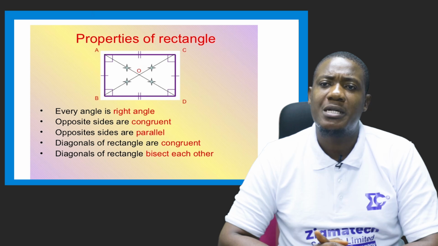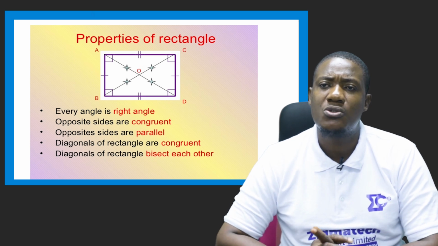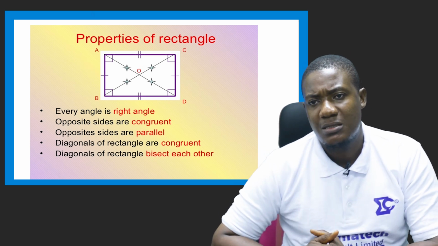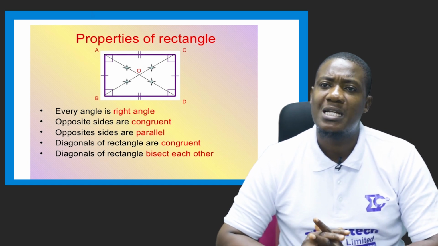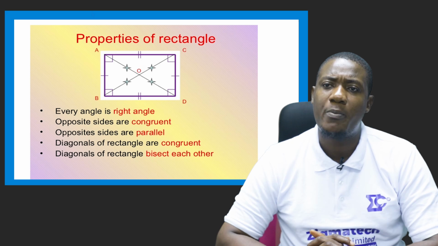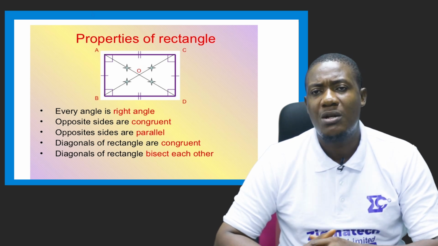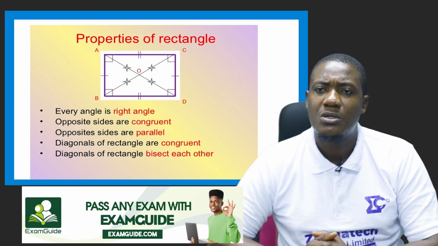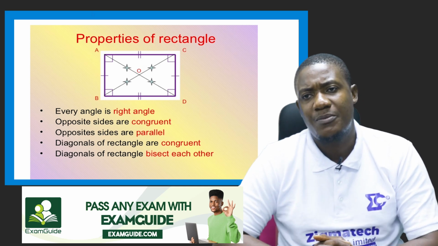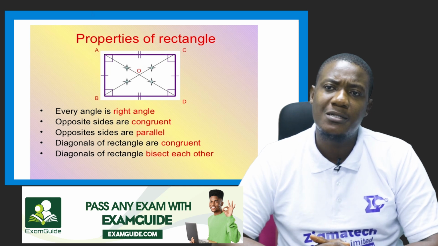For a rectangle, it has just 2 lines of symmetry, which means that it has 2 lines that divide it into 2 equal parts. The diagonal of a rectangle is not a line of symmetry because it does not bisect the angle 90 degrees.